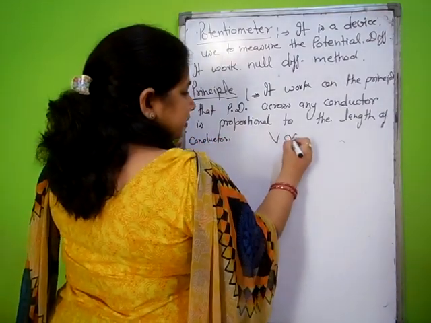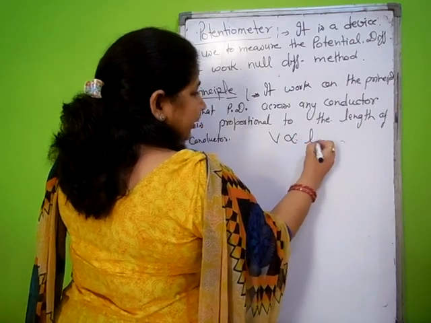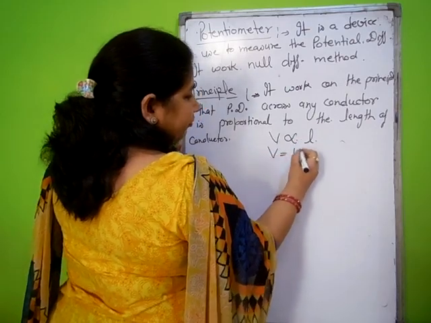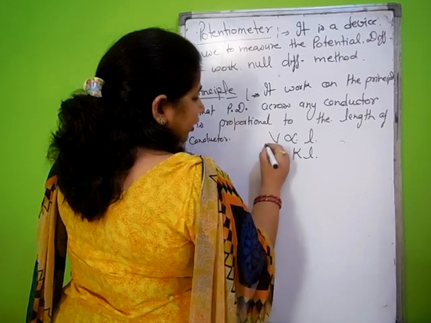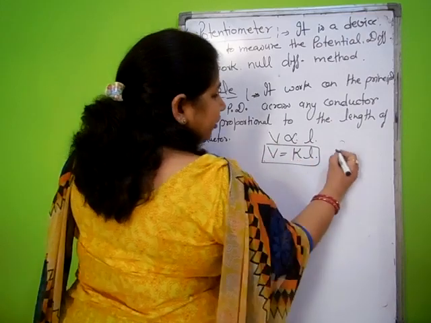Means V is directly proportional to L, or we can write V is equal to K L. Then what is the K?